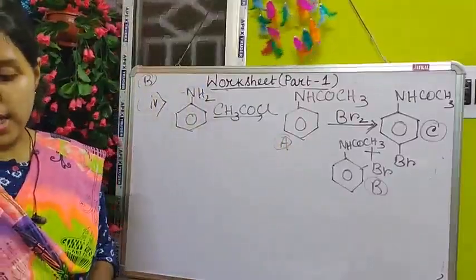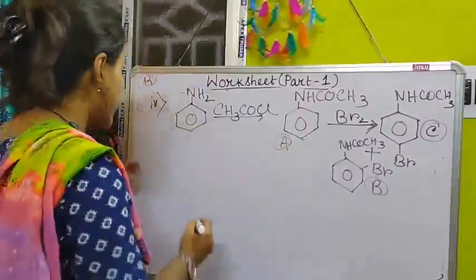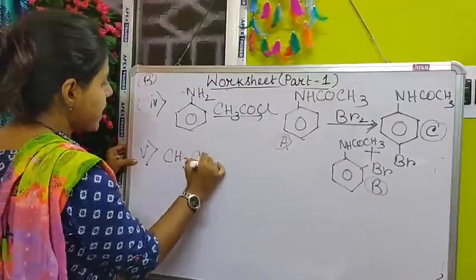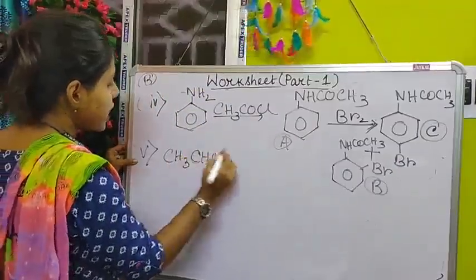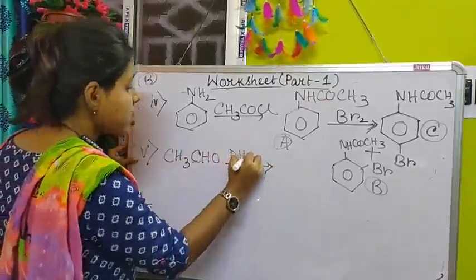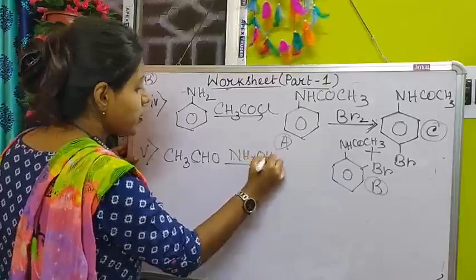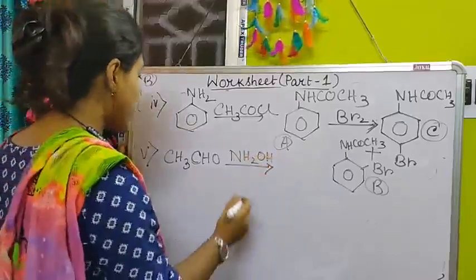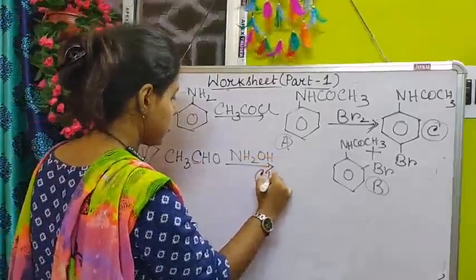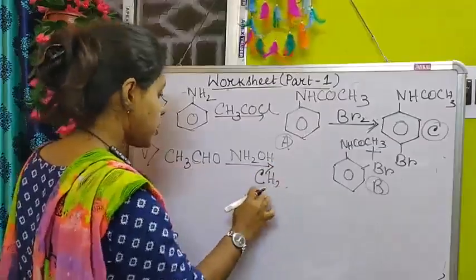Next reaction, number 5. First we have taken acetaldehyde, CH3CHO, and then we have added hydroxylamine, NH2OH. This reaction has also been discussed.